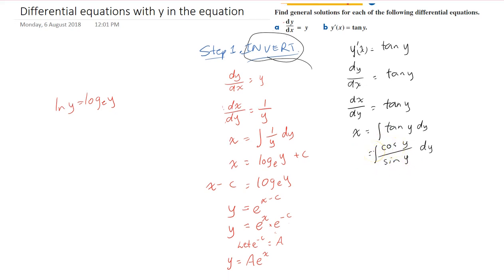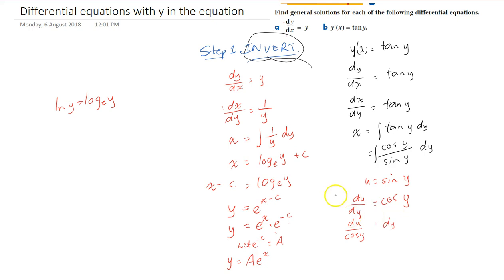So we can use the derivative here by letting u equal sine y. Then the derivative of u with respect to y is cos y, and we can rearrange that to say du on cos y equals dy.